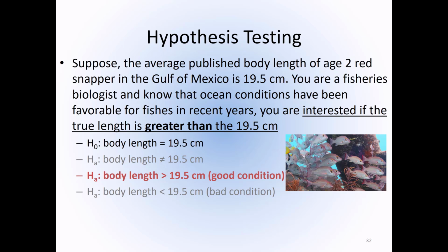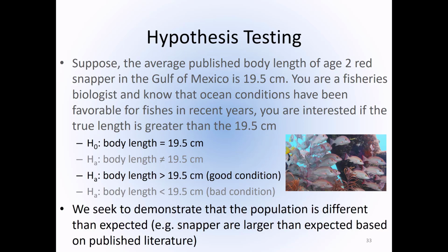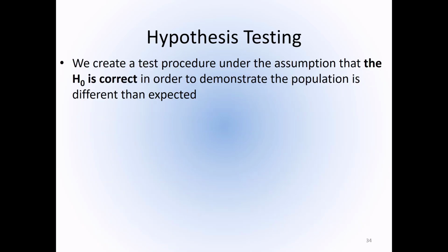We'll use data and statistical tests in which to determine if this alternative hypothesis should be supported or if the null hypothesis should be supported. And so ideally, we're seeking to demonstrate the difference in the published data. We're seeking to reject the null hypothesis using our data and scientific testing.